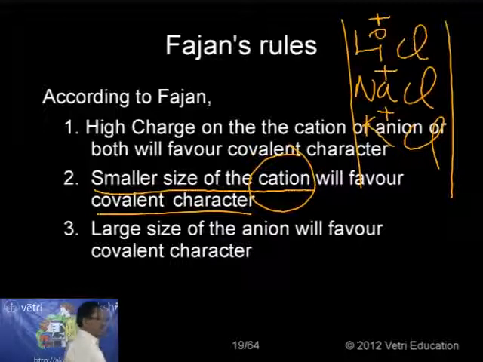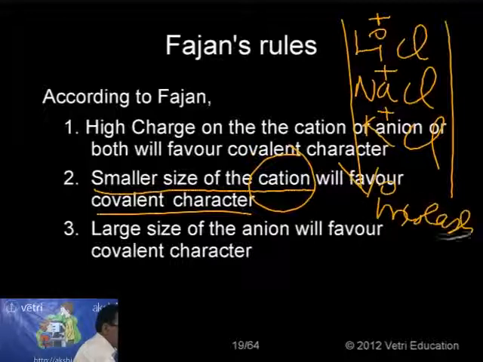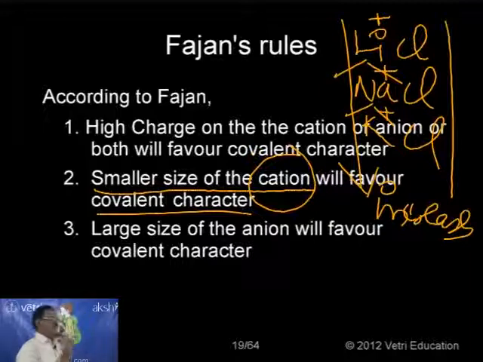Among these, we know already, they are alkali metals, except hydrogen which is a gas: lithium, sodium, potassium, rubidium, cesium and francium. When you move down the group, size increases, I have discussed. When size increases, potassium will be greater than sodium, and sodium will be greater than lithium. So the smallest size is lithium, and the smaller the size of the cation, the more it favors covalent character.